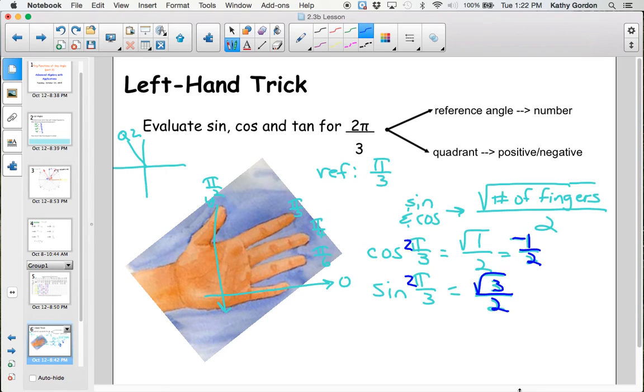Okay? And then you can actually use this for tangent as well. For tangent, you say the square root of the right side, the sine, the y, right? We need y over x. So I take the square root of the right fingers over the square root of the left fingers.